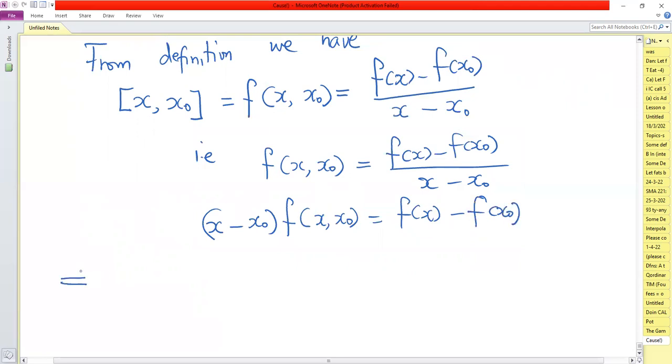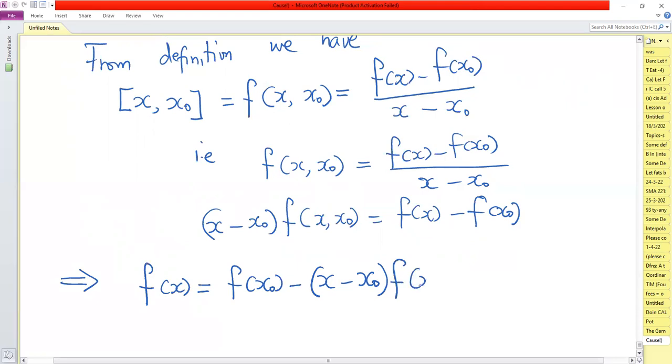Which implies that when you make f of x the subject, we get f of x0 plus x minus x0 multiplied by f of x comma x0, or simply the first divided difference of x and x0. Let's call this one equation 1.